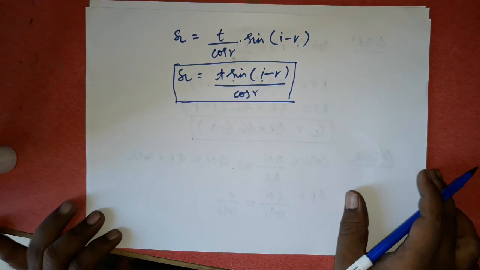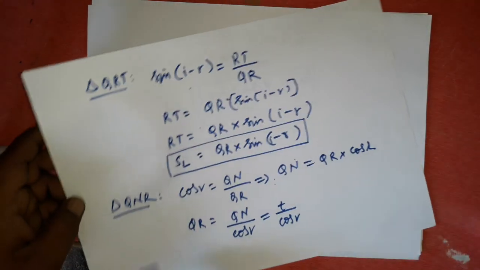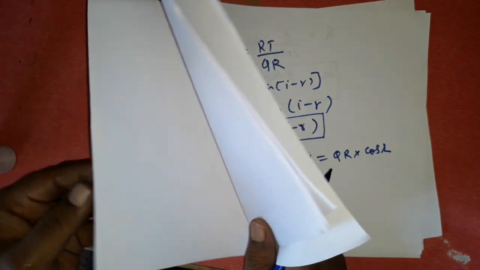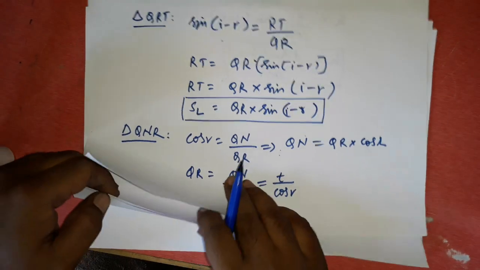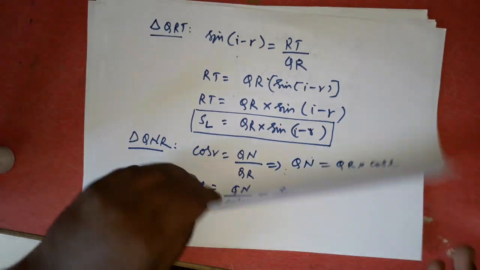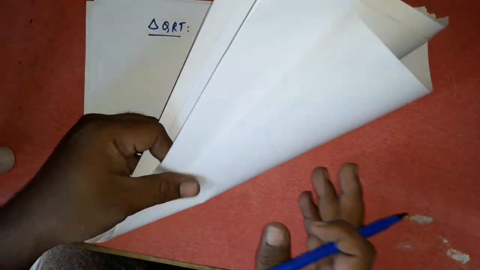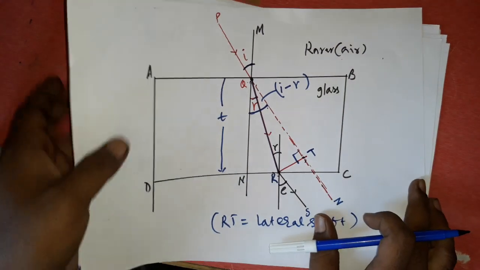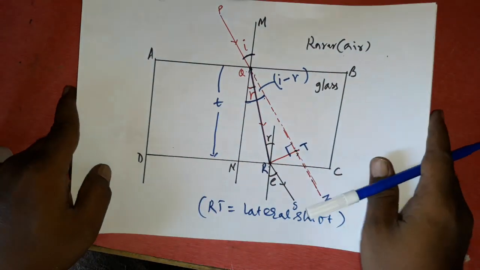Okay, what is lateral shift? It is the perpendicular distance between the incident ray and the emergent ray when a ray of light passes through a glass slab. So this is the diagram we have drawn here.